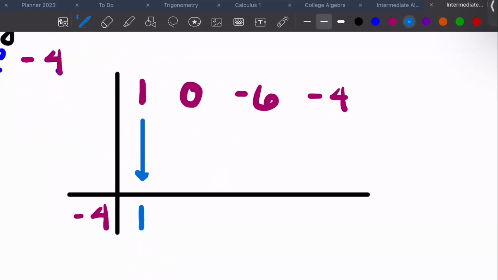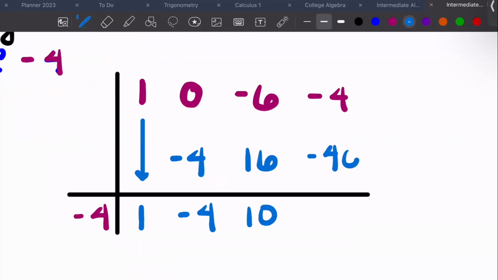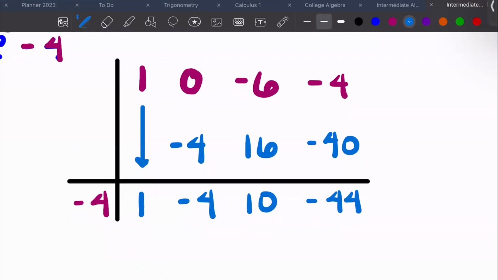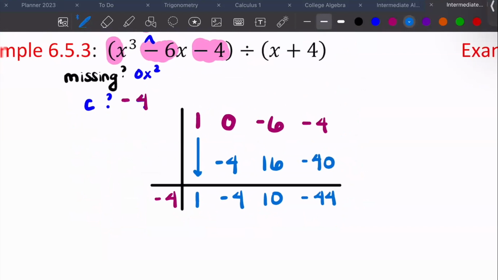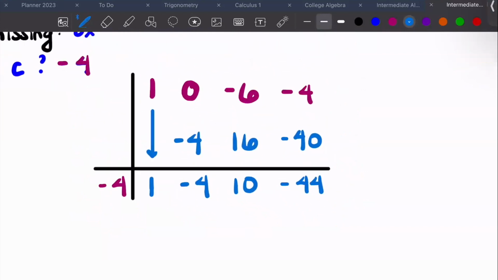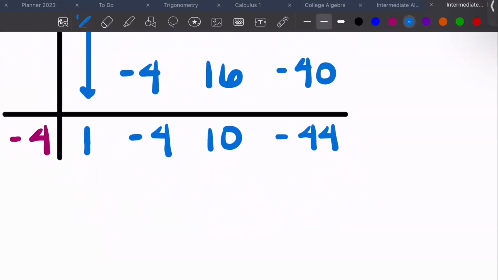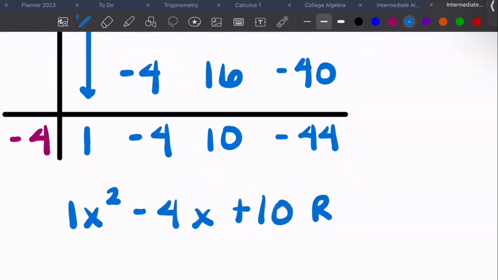Bring down the 1, multiply, add down, multiply, add down, multiply, add down. We started with x cubed, so that means we'll start our answer with x squared. So 1x squared minus 4x plus 10, and our remainder is -44.